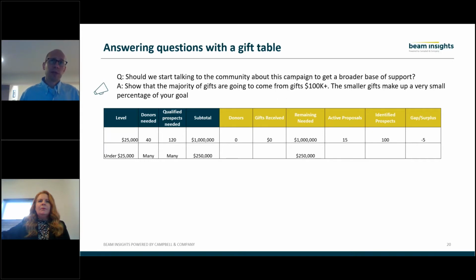So using the gift table to communicate with those folks outside of the fundraising team, on your boards, on volunteer committees, we just want to sort of blast the message that we need your support, encouraging them to focus on the interactions that are going to enable you to move to achieving your goal faster, is very helpful and a good way to leverage, again, answering the question with the gift table.